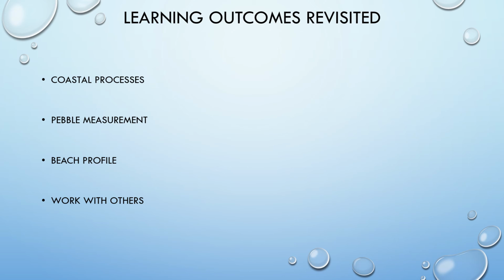We will have drawn out a beach profile of what we saw. Working with others is a learning outcome that will be achieved throughout the day. As there will be group and pair work carried out, working with others is a main learning outcome and key skill that will be achieved.